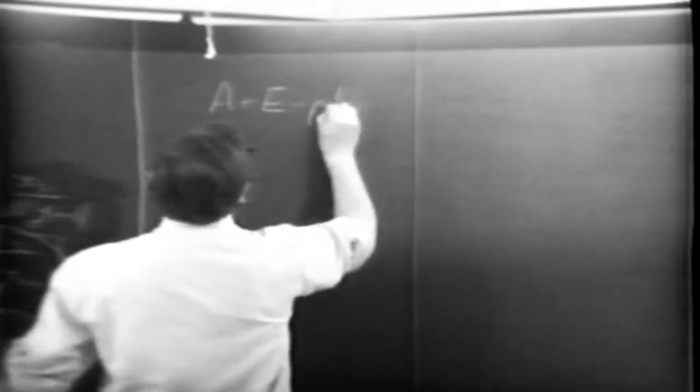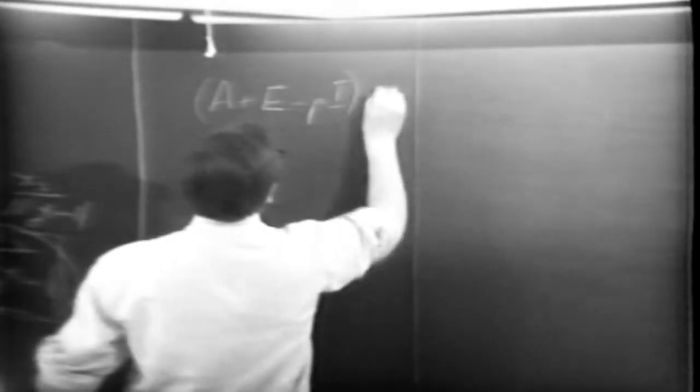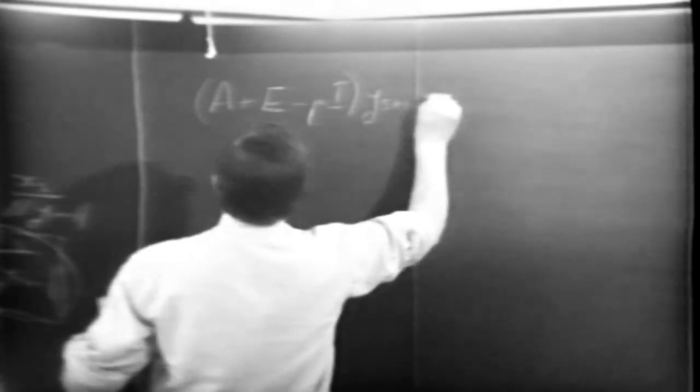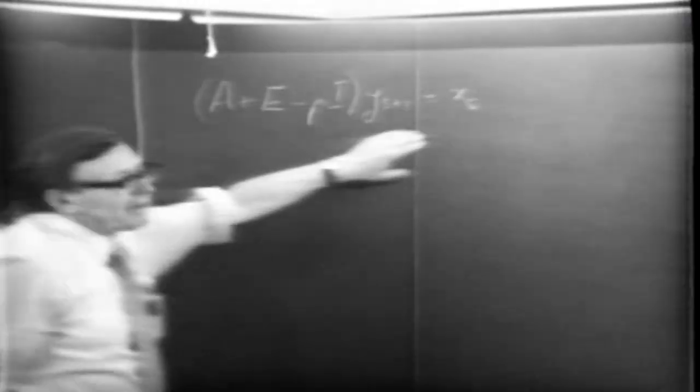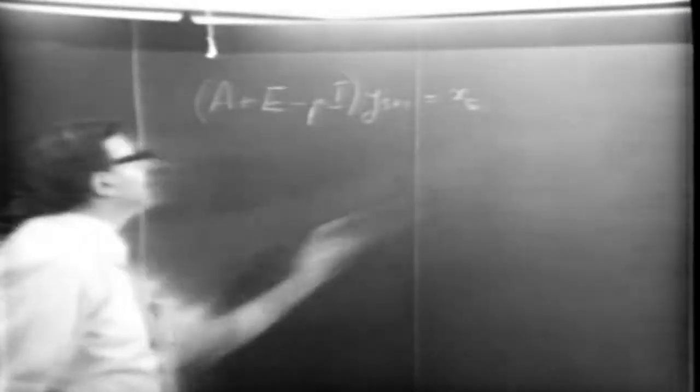And the error analysis says that A minus E minus PI times ys plus 1 is equal to xs. Just to make it so that I could make this claim without any exceptions, I would assume that I've solved this set of linear equations by the QR factorization.